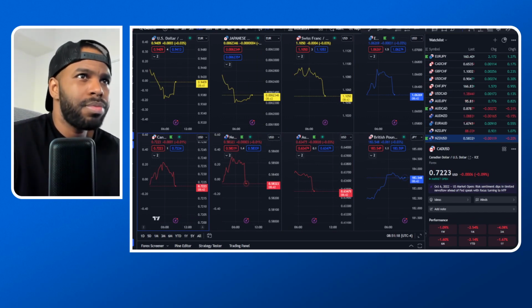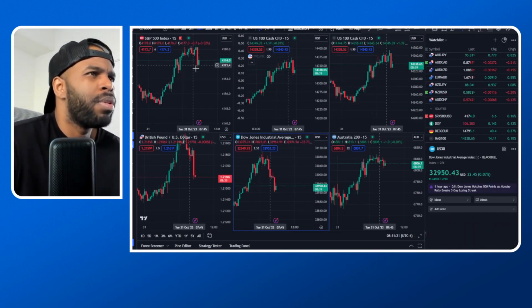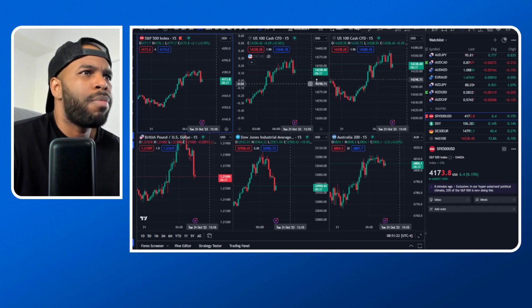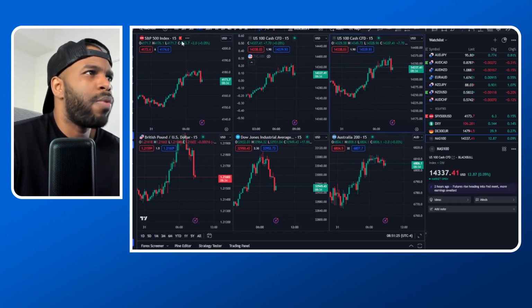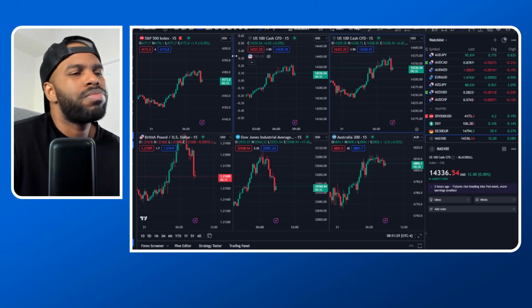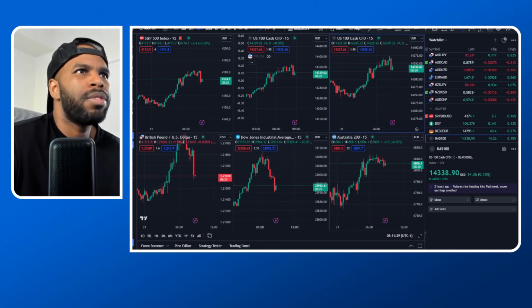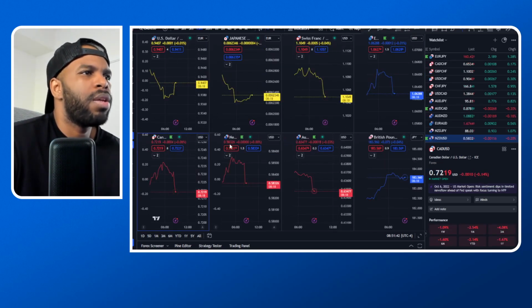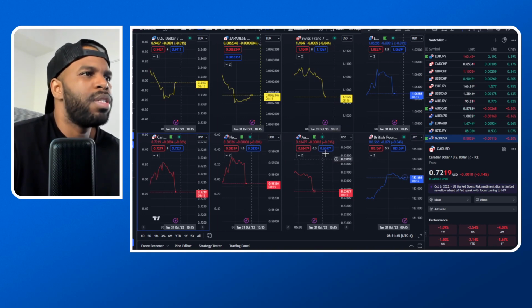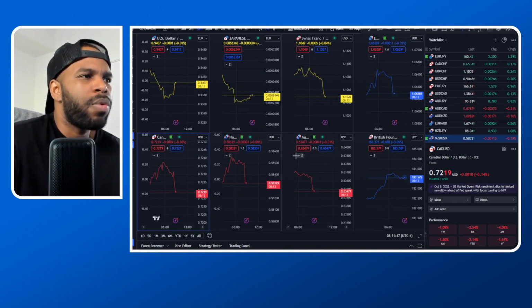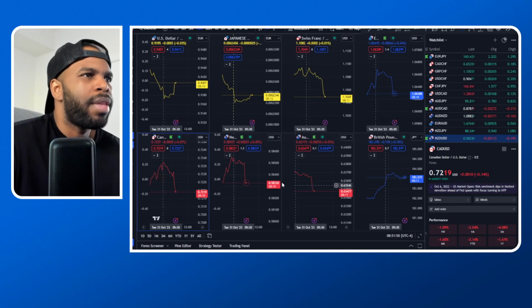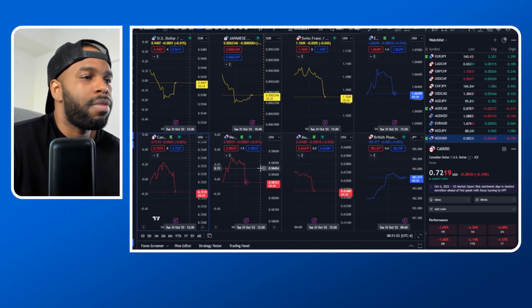But it looks like we are in a risk off market. When the equities like the SP 500, Nas 100, and US 30 start showing a downtrend, and also the Canadian dollar, New Zealand dollar, and Aussie dollar, if you see those pairs going down with the equities, that means we are in a risk off market.